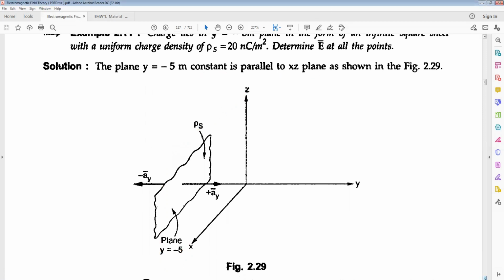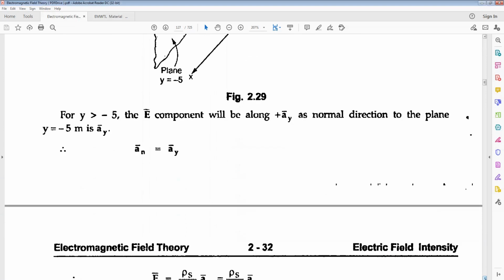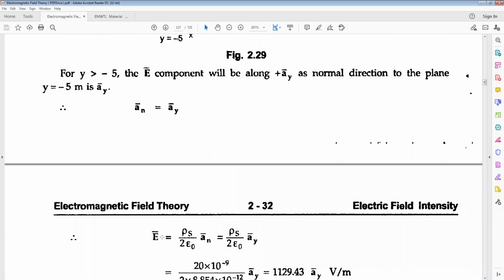Then you can find E bar equal to rho s by 2 epsilon, which is the formula for an infinite sheet of charge, and it is in the AN bar direction. So for y greater than minus 5, the E bar component will be along the plus AN bar, the normal direction to the plane, so take AN bar equal to AY bar.